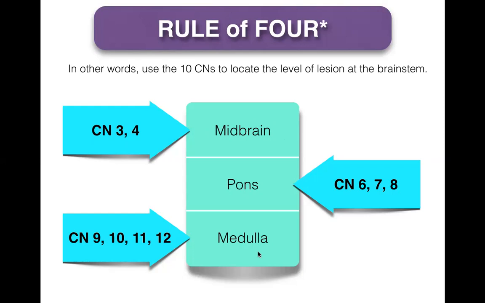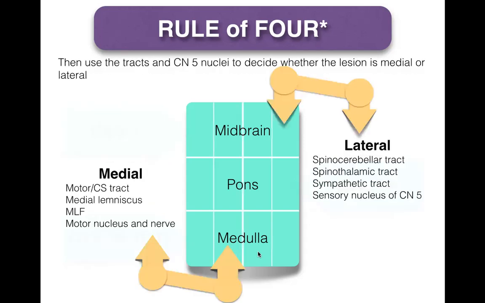So again, I will not discuss this in full detail because you do have a separate exhaustive lecture that will be discussing the lesions of the brainstem. So do not worry about it for now. Now, why is it also important to discuss which one is medial and lateral? So aside from establishing the level, we should decide whether it's medial or lateral.